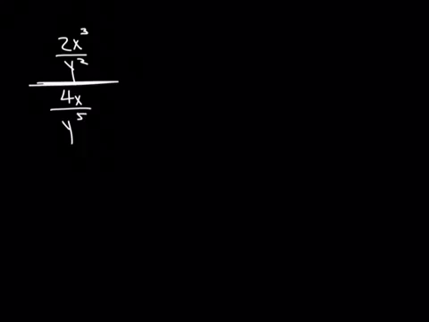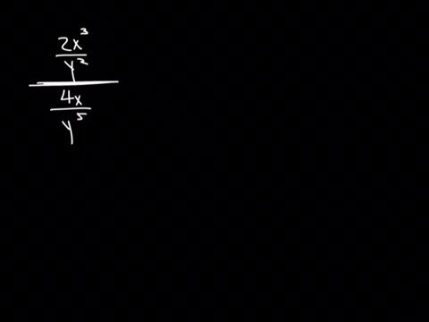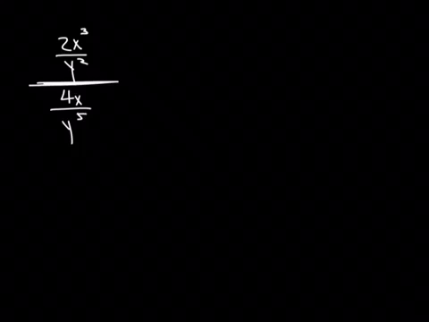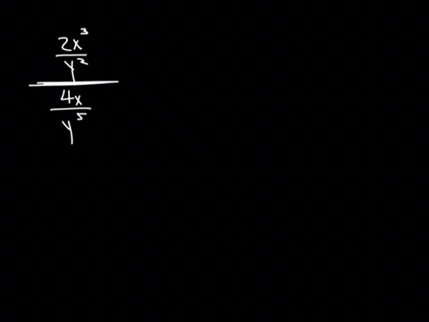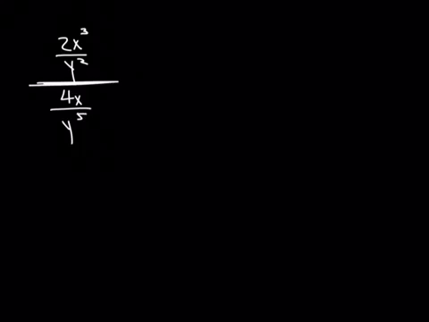Alright, so the LCD method says find the common denominator of this and this. The least common denominator, when there's just letters, is going to be the letter with the biggest exponent. So let's multiply the top by y to the 5th and the bottom by y to the 5th. Again, it's the one with the biggest exponent there.